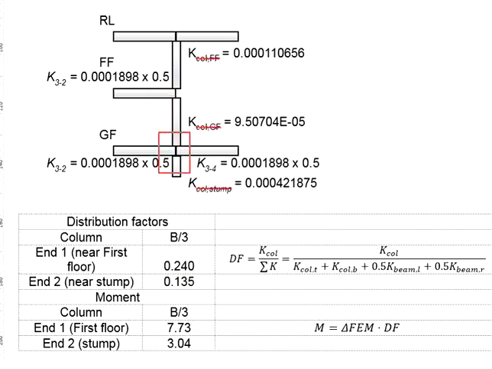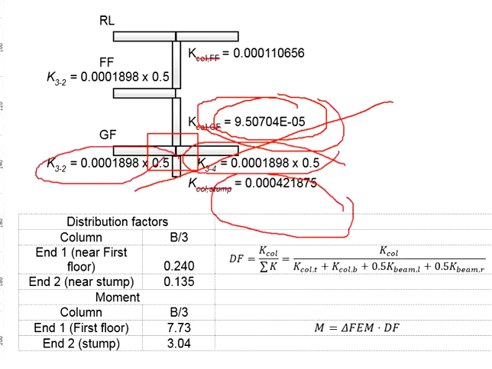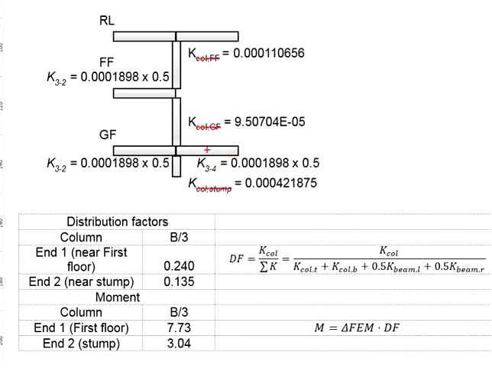Then you do the same to get the distribution factors of the column here. Get this stiffness divided by the total stiffness of all the members at the joint, which means this plus this plus this plus this. You found that this column will take 13.5% of the moments acting onto the joint here.